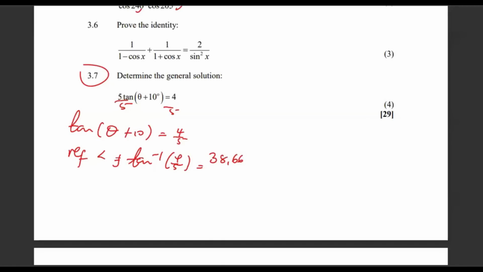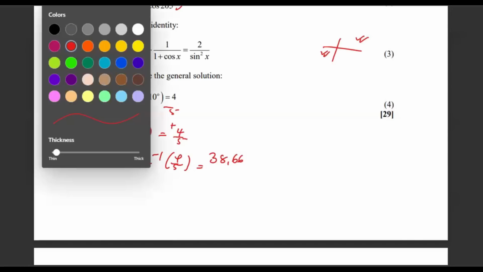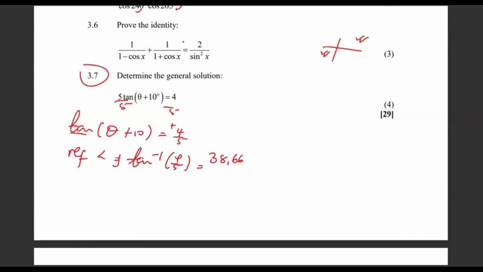Now remember, this tan is positive, and tan can only be positive in quadrant 1 and in quadrant number 3. So if I have my first solution, it's going to be theta plus 10 should be equivalent to 38.66 plus k multiplied by the period, which is 180.